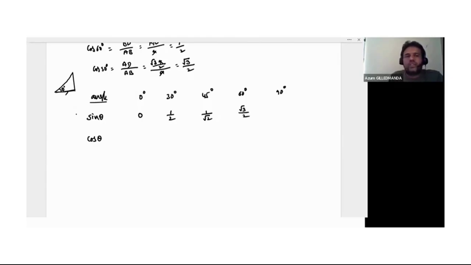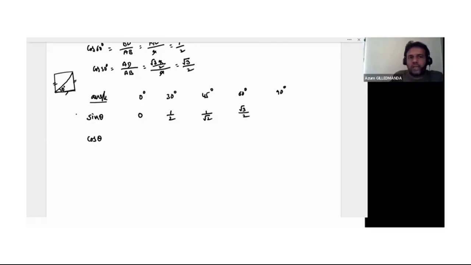And sine 90. So sine 90 means this angle becomes this, right? So this side is nothing but this side by hypotenuse. So the hypotenuse and this side both become equal that time.